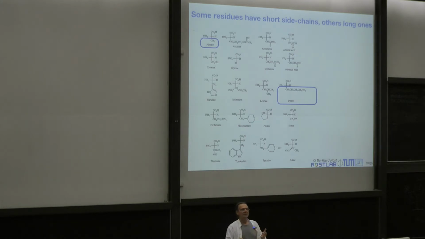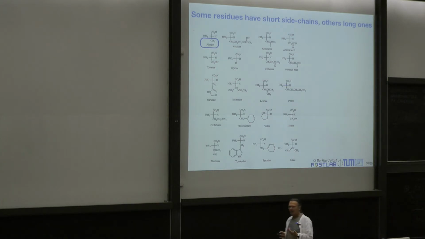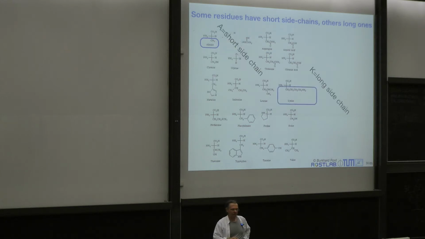Now, that means that some of these amino acids have a different absolute solvent accessibility. So the long side chain has a long reach to being surrounded by water. The short alanine doesn't. So the max for these different things will be very different for long or short side chains.